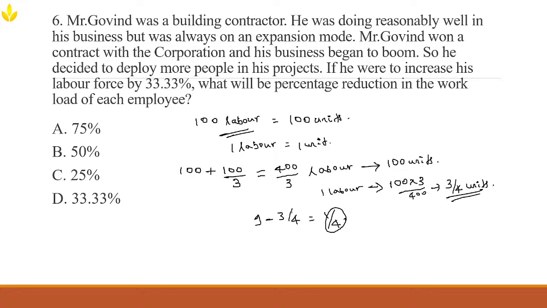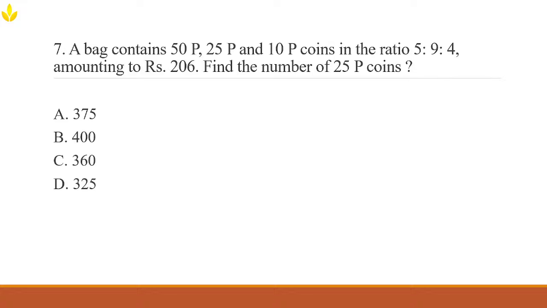So the reduction is 1 by 4, and into 100 you will get 25%. So 25% reduction in the work has happened when he employed 33.33% more laborers. So is this part clear with everyone?